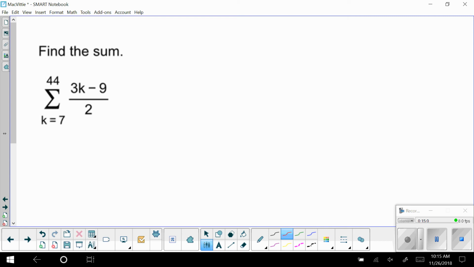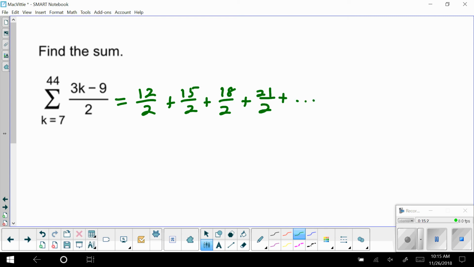So if we write out the first few terms, well, it starts when k is 7, so if I plug 7 in, I have 21 minus 9, which is 12, over 2. And then if I plug in 8, 24 minus 9 is 15, over 2. I plug in 9, 27 minus 9 is 18, over 2. If I plug in 10, I get 30 minus 9, which is 21, over 2. And that's going to keep going.